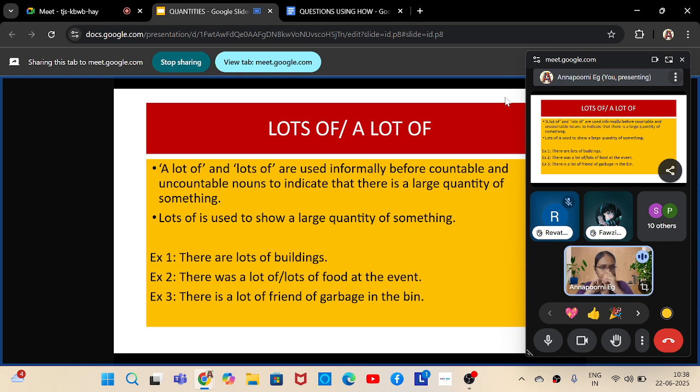So this is again an example. When we say a lot of, we use is. There is a lot of garbage. Similarly, there was a lot of food at the event. There are lots of. So when we say a lot of, we use is or was. When we say lots of, it is plural, so we use are or were. Got it? So with this we have completed the quantifiers, guys.